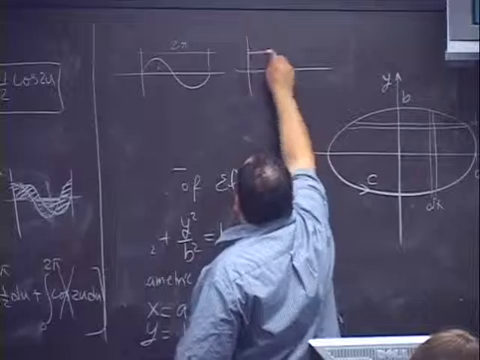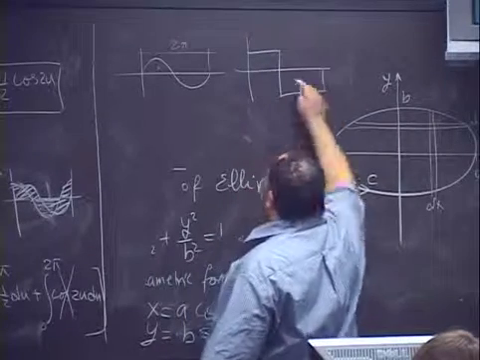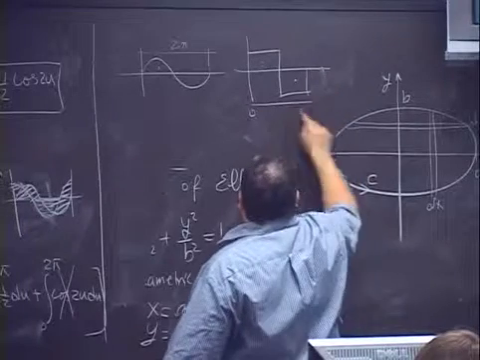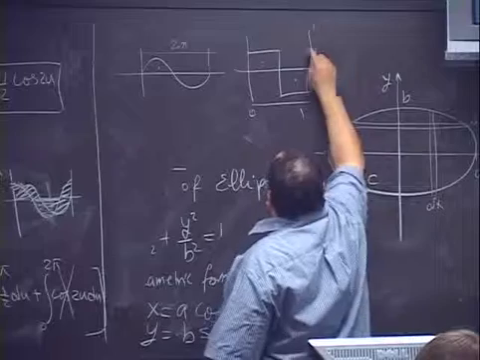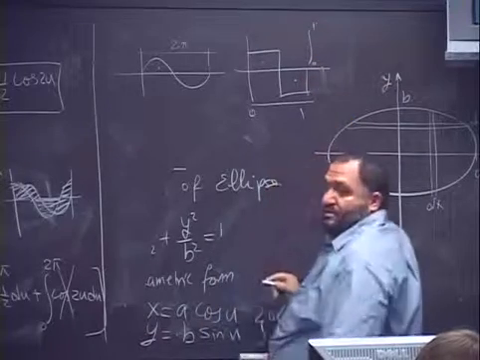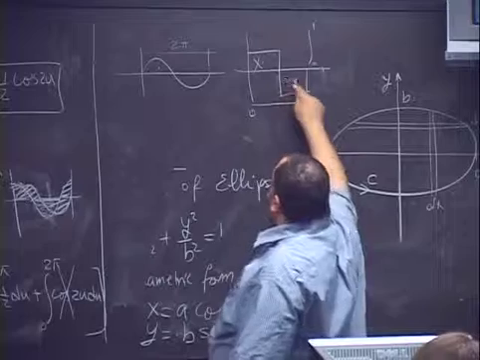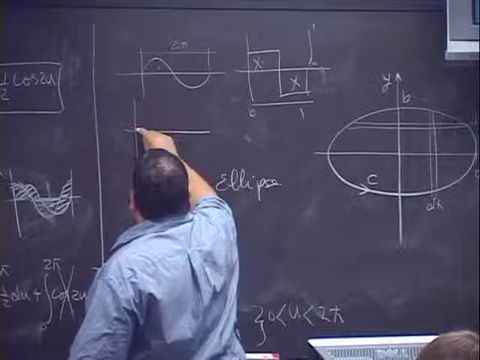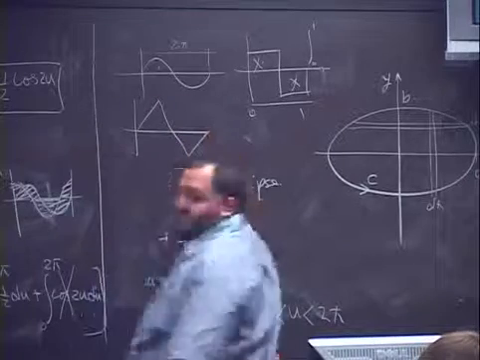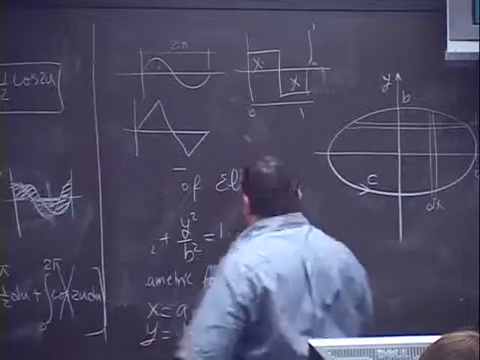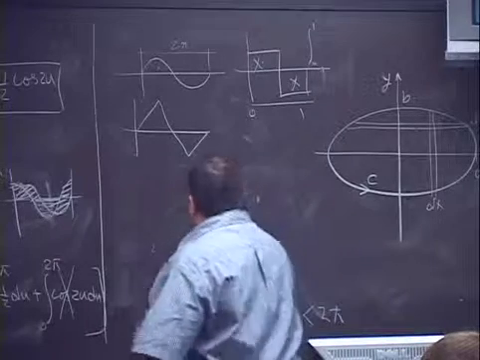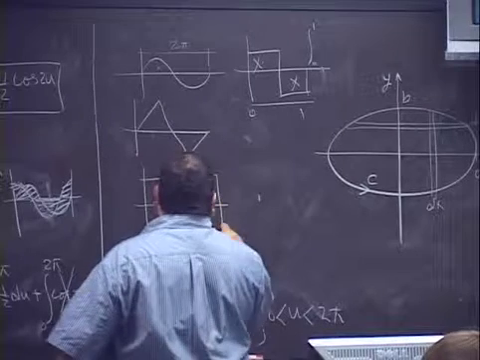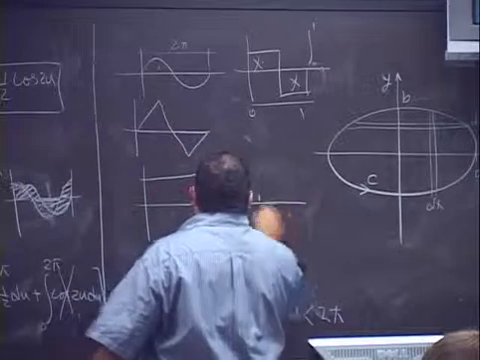If you have something like this, and those two areas are exactly the same, and this is from 0 to 1, if you integrate this function from 0 to 1, it will give you 0, because you are adding this area, and those are two identical areas. But if you have something like this, it will not give you 0.